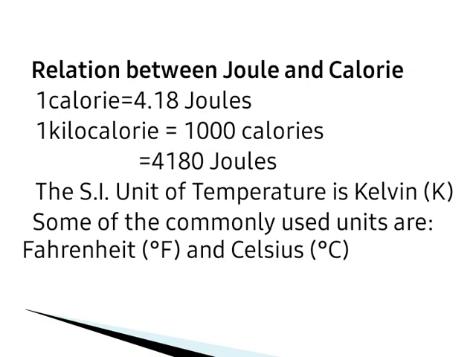Let us see the relation between joule and calorie. 1 calorie is equal to 4.18 joules and 1 kilocalorie is equal to 1000 calories. It is equal to 4180 joules. What is SI unit of temperature? It is Kelvin. Some of the commonly used units are Fahrenheit and Celsius.